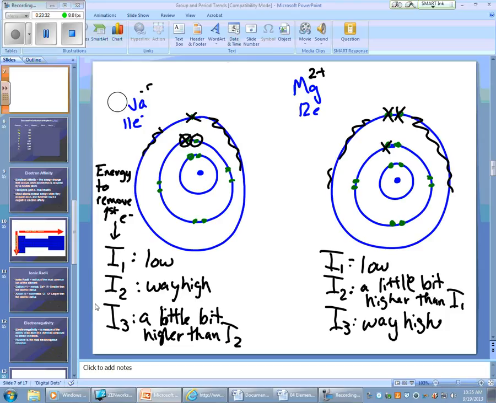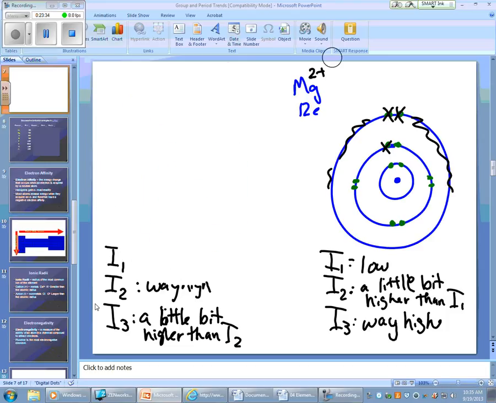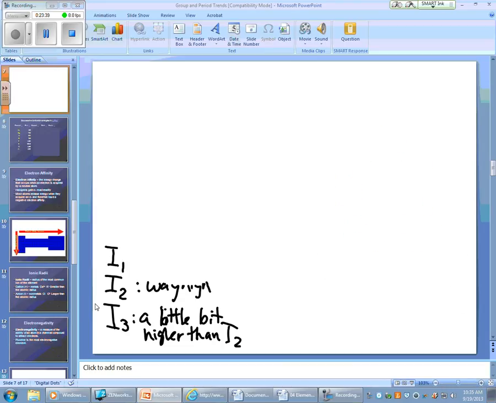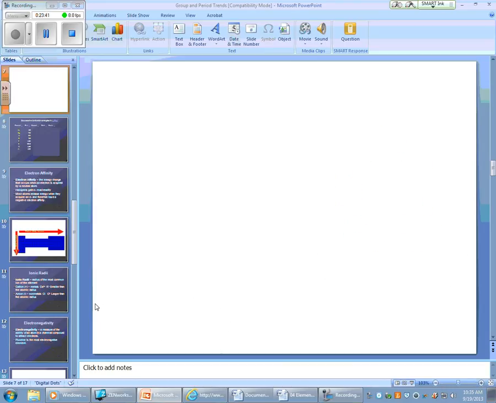Okay, let's see if I can erase this. All right, so let's make a table, and let's talk about number of valence electrons and big jump in ionization energy.